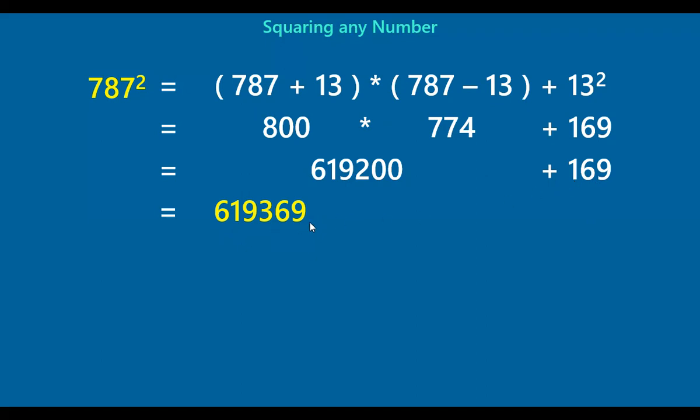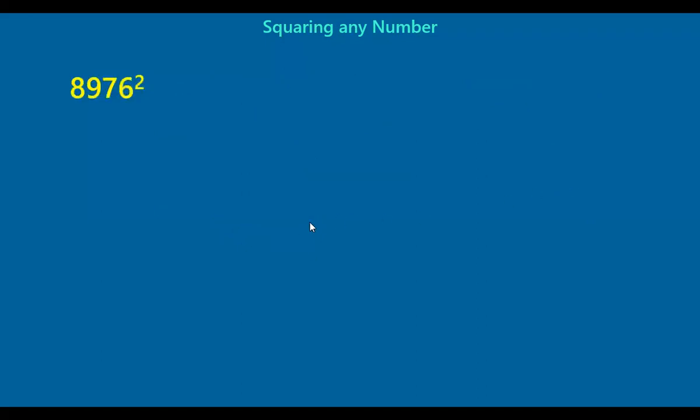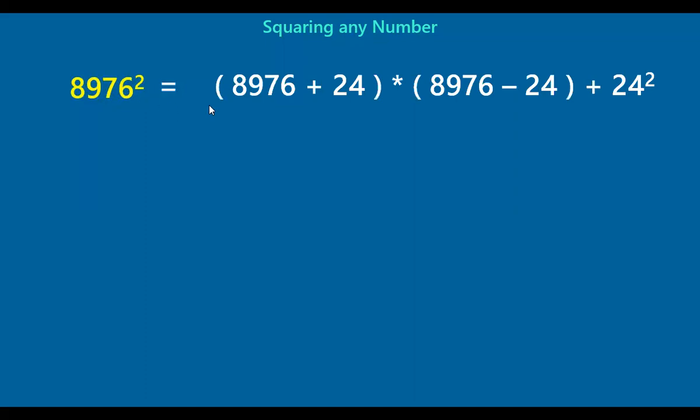Like this, you can even implement with a 4-digit number also. 8976 square. So the next nearest whole number is 9000. So plus 24 is taken. That's why plus 24 makes this 9000. So 9000, this is minus 24. So 9000 into 8952. 76 minus 24 is 52.